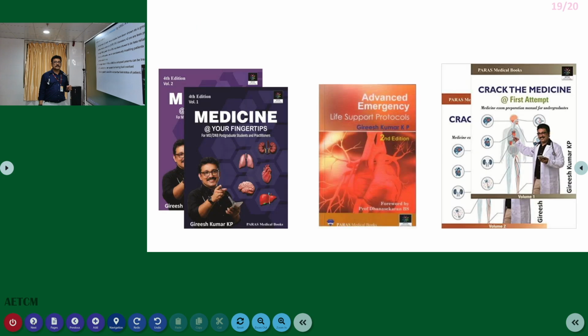So, we have discussed one of the important topics, that is sepsis management and the newer guidelines of 2021, last year's guideline, which has some changes from the previous guideline that we discussed. The most important thing is the volume resuscitation. The amount of volume resuscitation is coming down. Previously it was 30 ml per kg body weight.